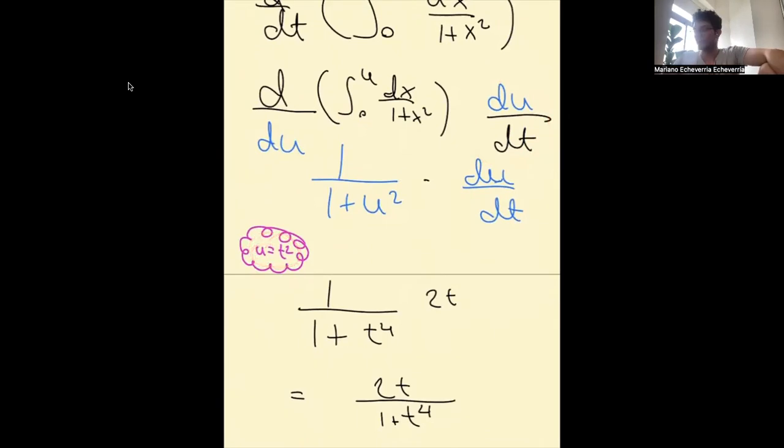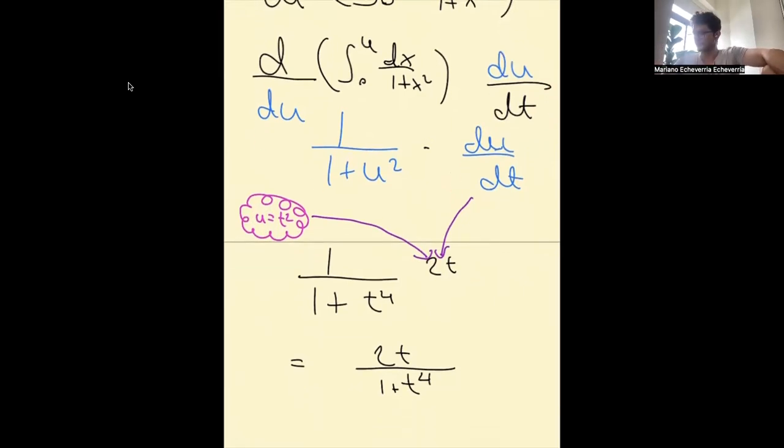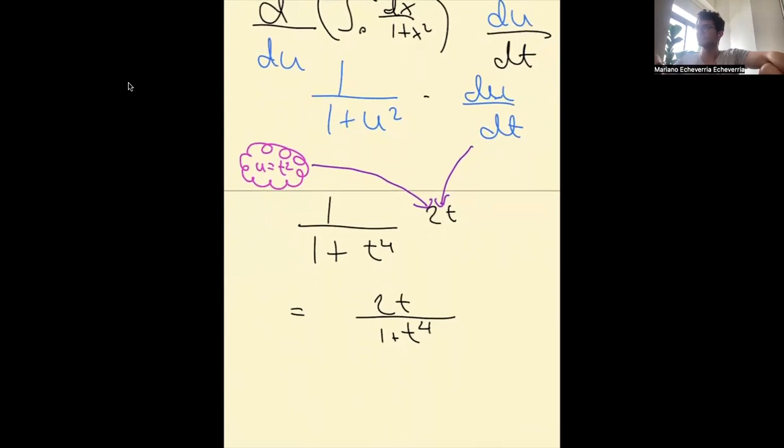U was t squared, so du dt becomes 2t. Is that making sense? So don't forget to multiply by du dt. Are there any questions about this?